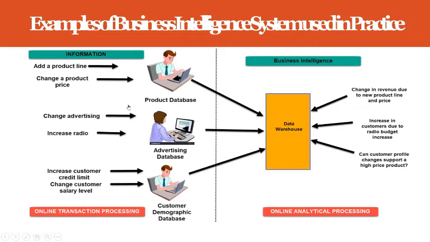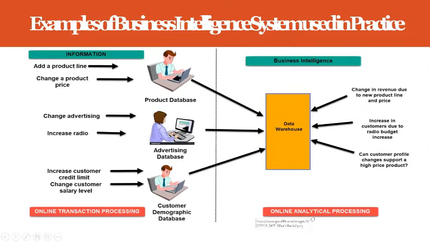So all of that can be done using online transaction processing. While in the OLAP, the corresponding OLAP system query that could be executed would be whether customer profile changes support higher product price. So all of the information fed in the OLTP will go into the data warehouse.